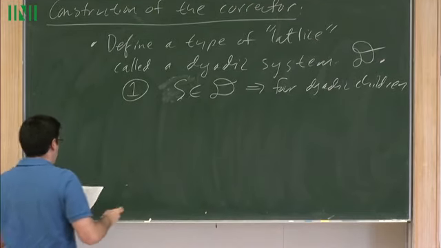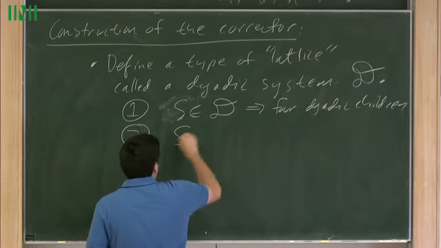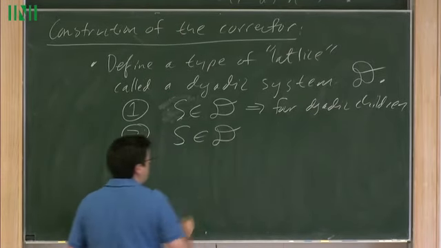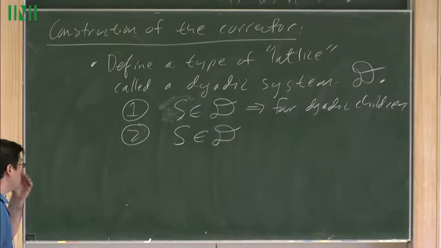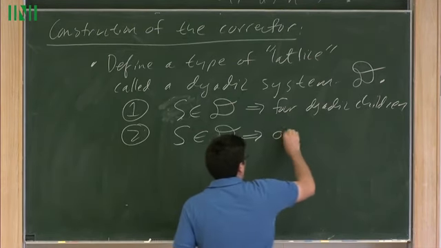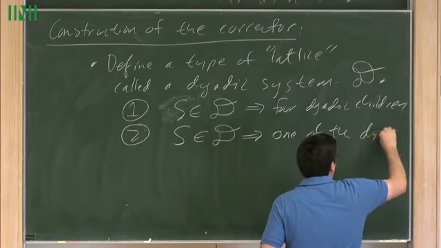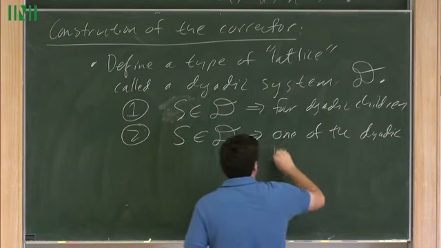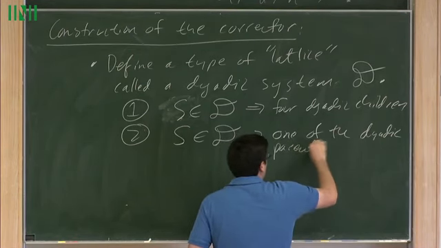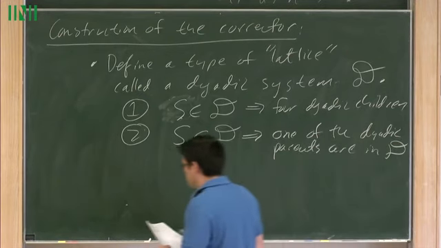It also has the property that if you have any square inside of your dyadic system, then at least one of the four possible dyadic parents is inside of your dyadic system.